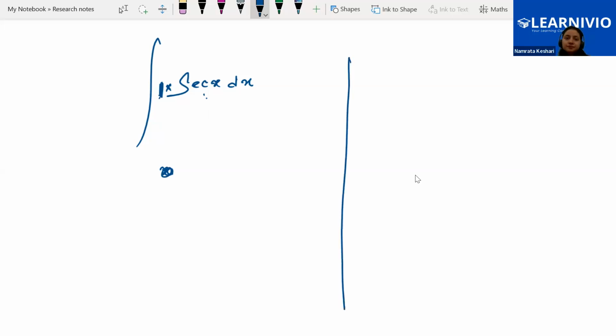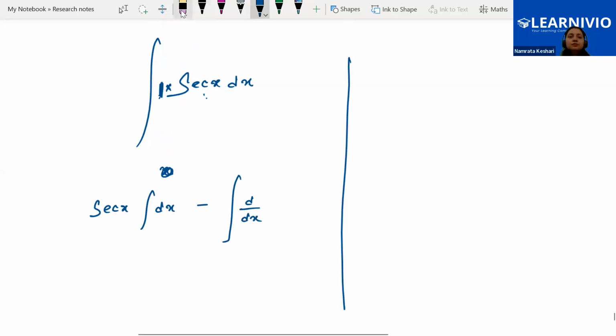Check it. First function times integration of second, minus derivative of first times integration of second. What is the derivative of sec x, Murtaza? Derivative of sec x is sec x tan x. Is it so? Yes, ma'am.